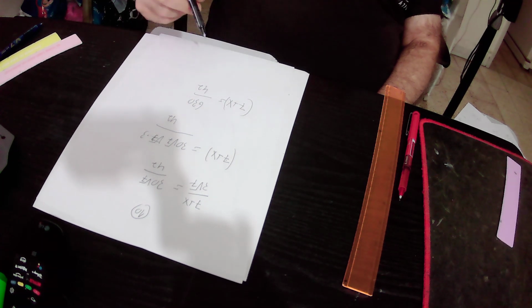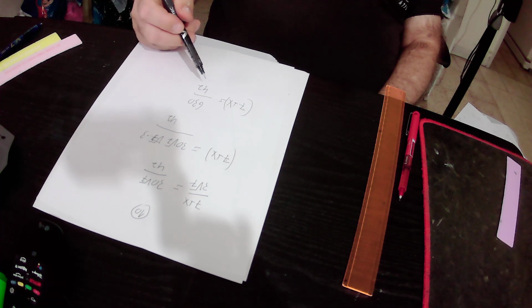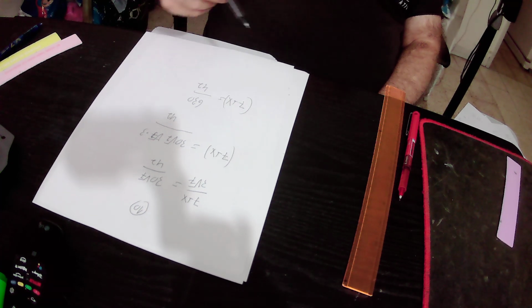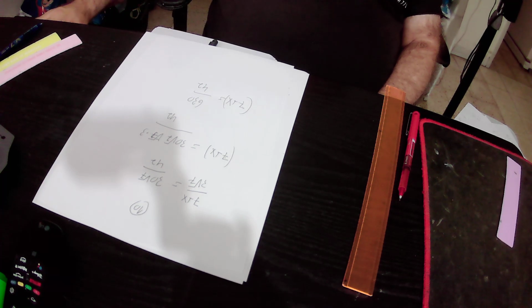So in total we got that 7 plus x equals 630 over 42, and 630 over 42 is 15.